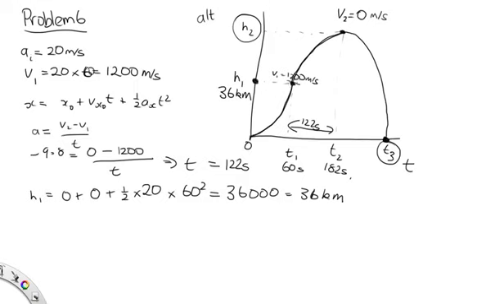Okay, so now we're considering the time interval from here, from t1 to t2. We actually use the same equation, but this t1 is our initial time and t2 is our final time. So h2 is equal to h1, which is 36,000, plus the velocity at time 1, which is 1,200, times this time interval, which is 122, and then plus a half a_x t squared.